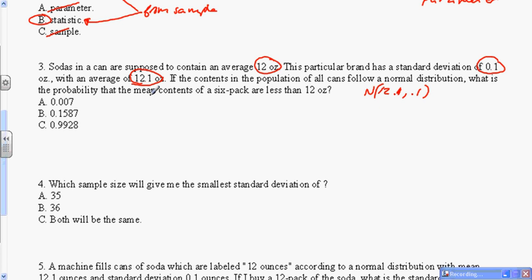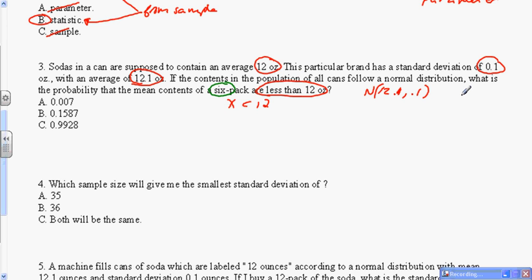What is the probability that the mean contents of a 6-pack are less than 12 ounces? That's the question. Now, a 6-pack represents taking 6 cans into account.